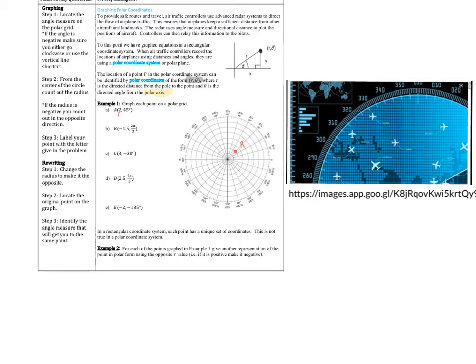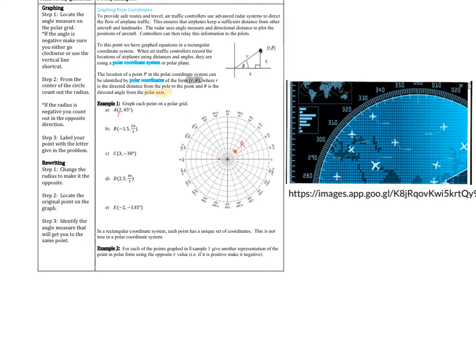Okay, B. Notice how this time our R value is negative 1.5. That means we're going to go to the left 1.5. So if you start at the origin, we want to go left 1.5 spaces. So that's our negative 1.5, just like it is on the rectangular coordinate plane.